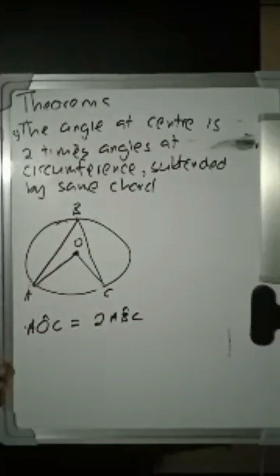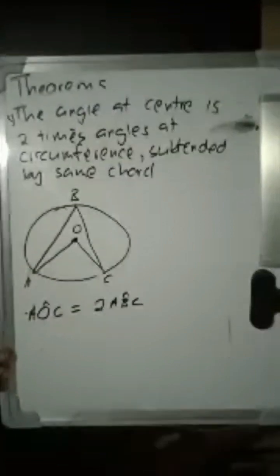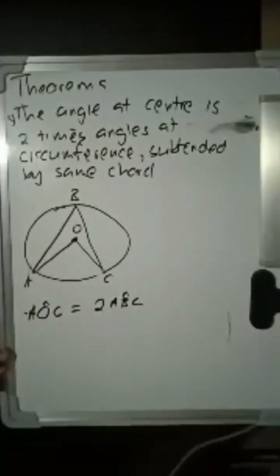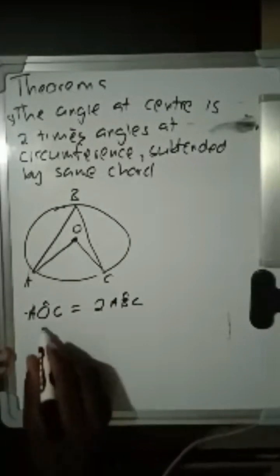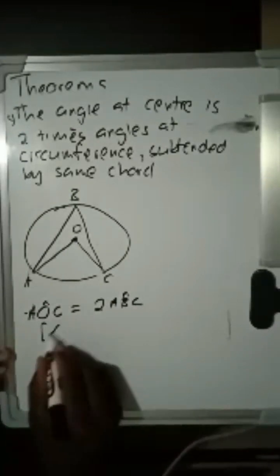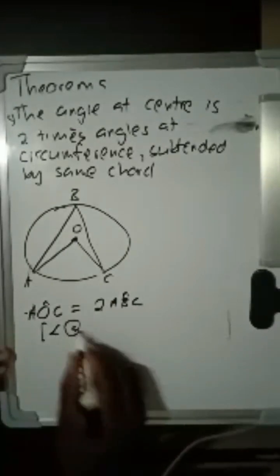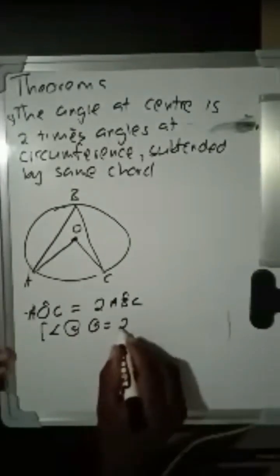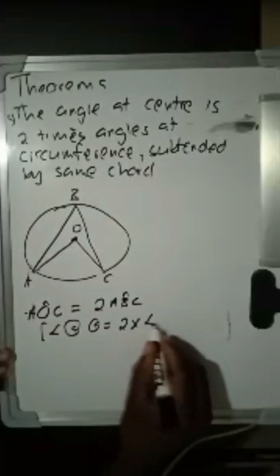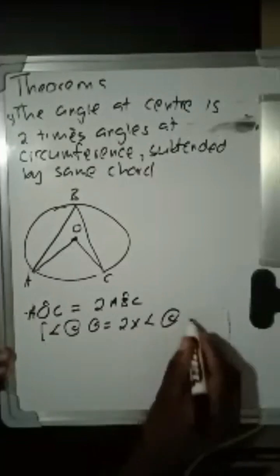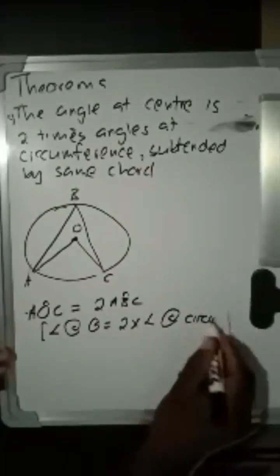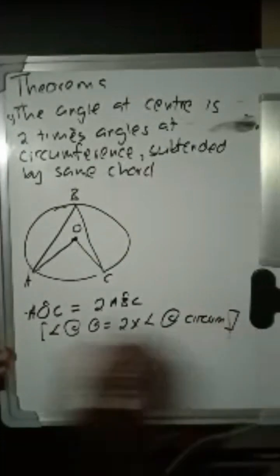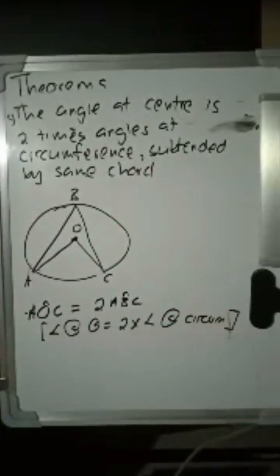Okay, so the reason here will be angle at center is equal to 2 times angle at circumference. Because if you try to write the whole of it, you're going to fill the whole page.